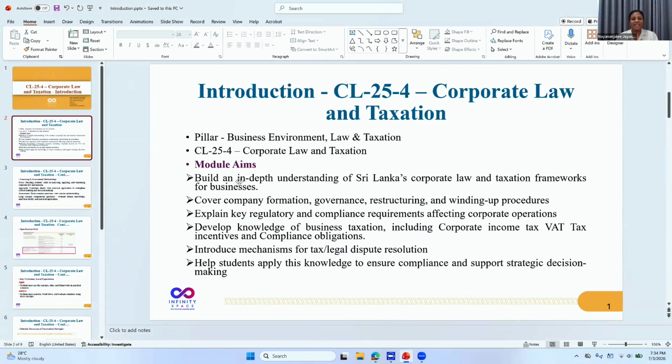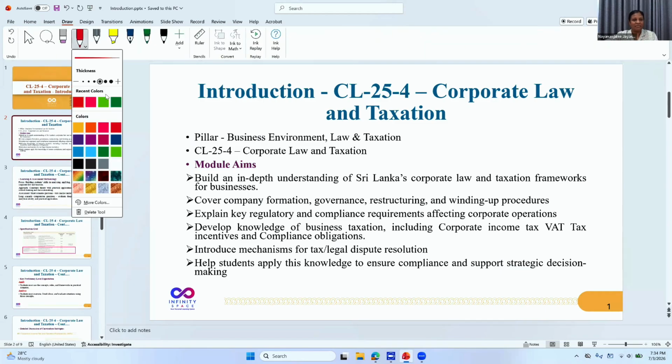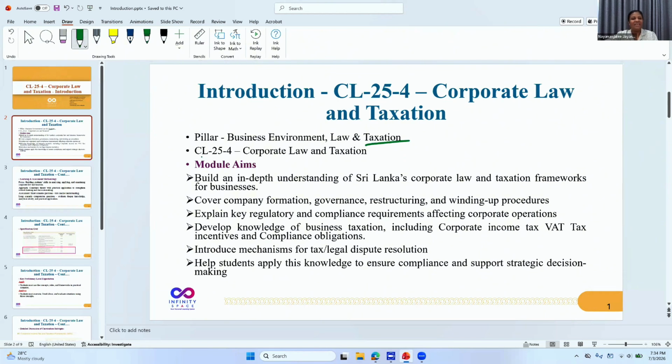Under that module, what students need to understand as a prerequisite before learning. Your pillar is Business Environment, Tax Law and Taxation, and this is your subject.